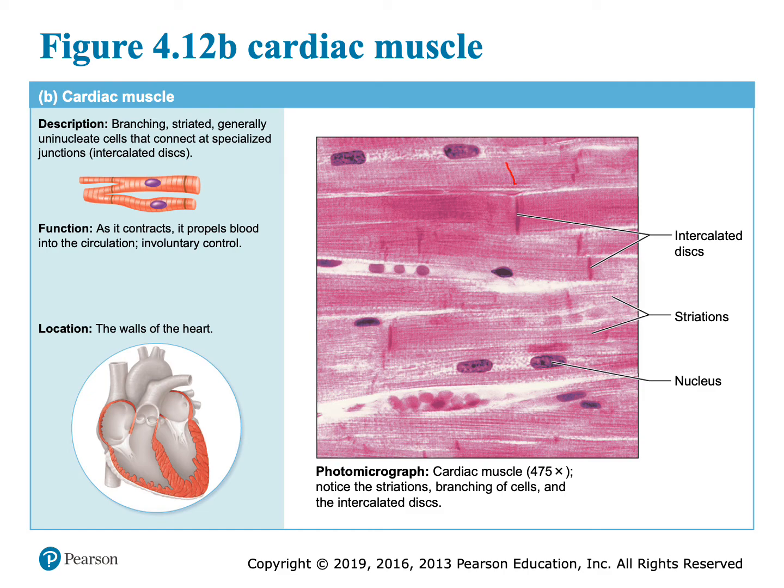They're kind of fuzzy stripes. They have 1 or 2 nuclei per cell, and then they branch. So here's a cell right here, like that. That's a nucleus right there. Here's a branching. There's a branching.